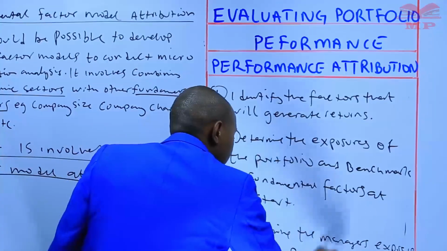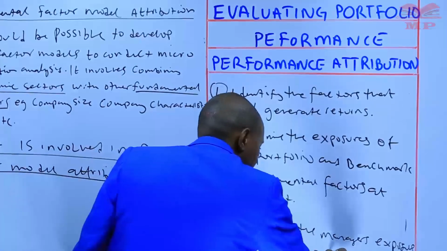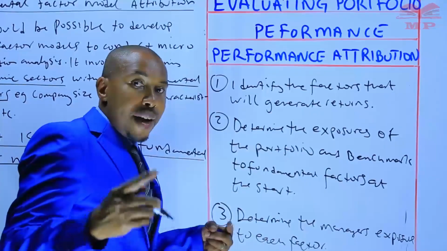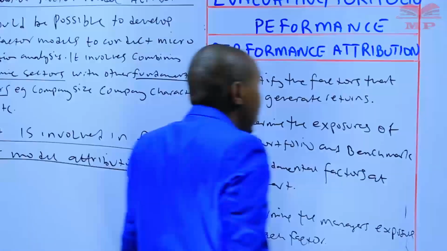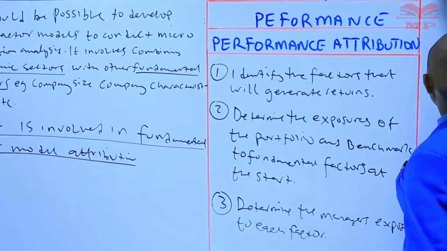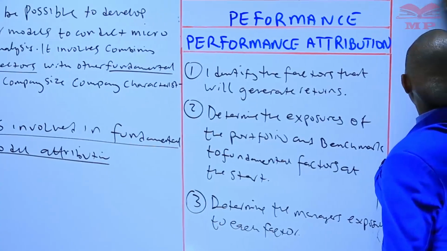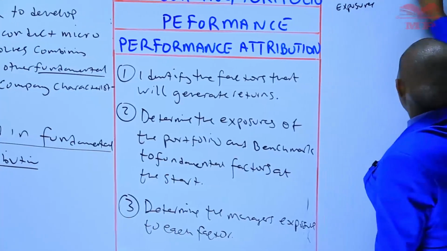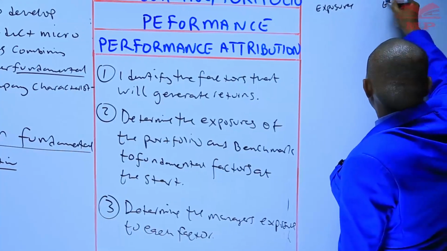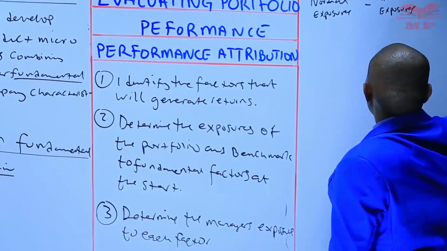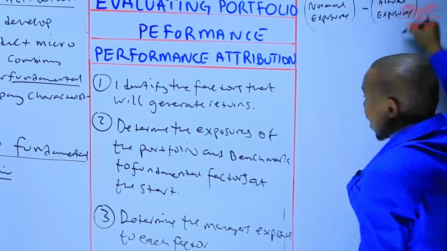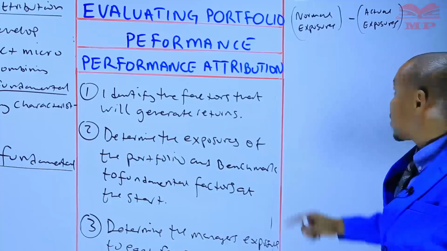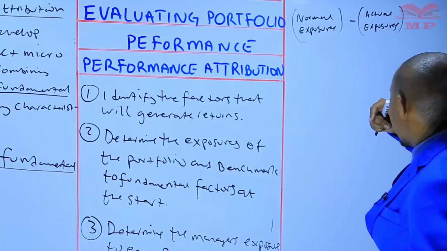And this is where I was saying previously in error, guys, please forgive me for that as well, that it is just given by the normal exposures minus the actual exposures. That will enable us to determine the manager's exposure to each factor. Normal versus the actual.